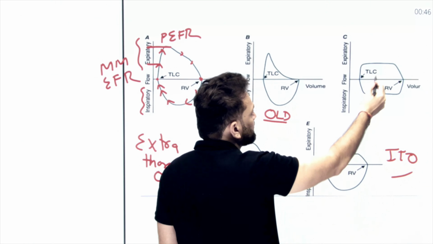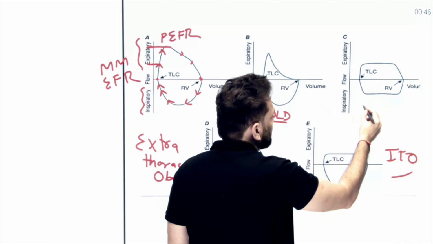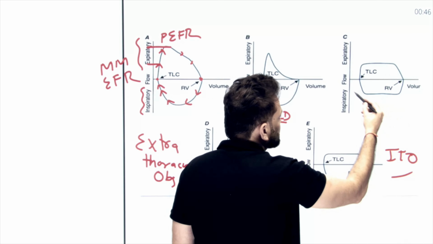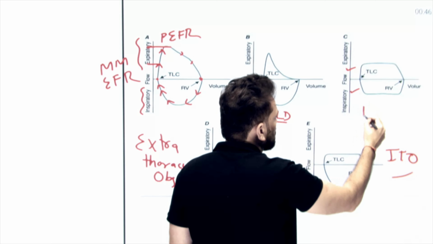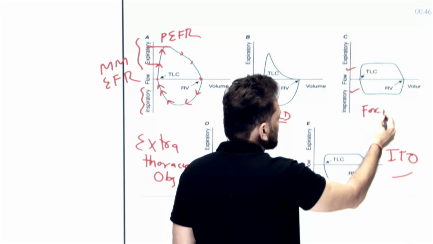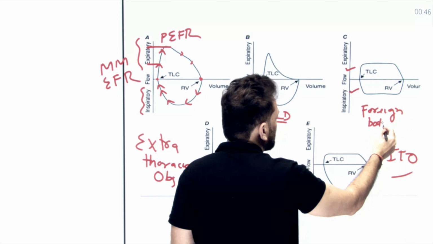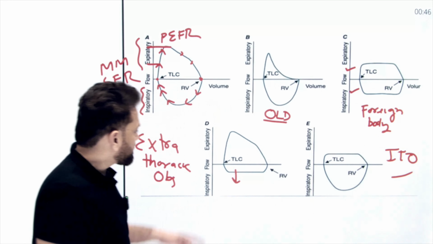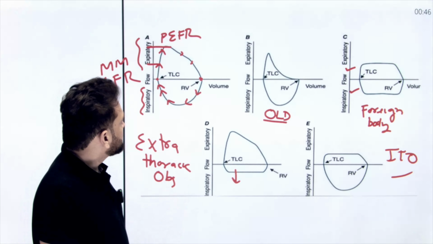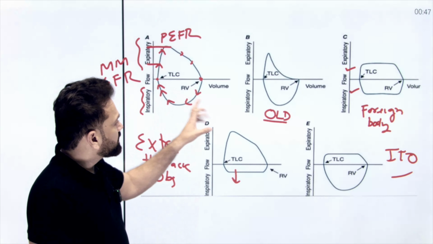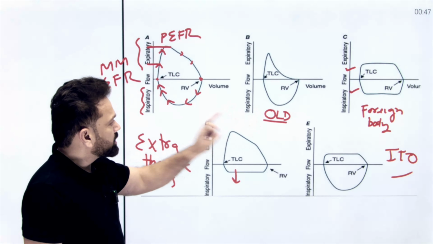If there is a problem in both inspiratory and expiratory curves, it is fixed obstruction, and the most common cause is foreign body impaction. So if it is in the inspiratory curve, it is basically extrathoracic, and that is intrathoracic, and this is your flow volume loop curve.